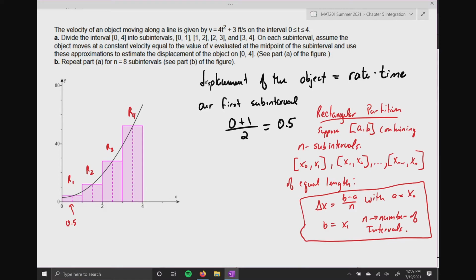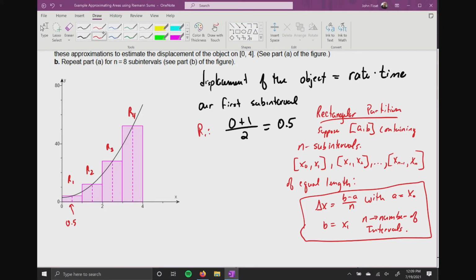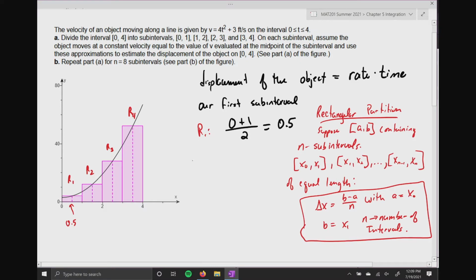We could do this for all the other midpoints as well. So for rectangle 2, the midpoint is going to be 2 minus 1 divided by 2. Sorry, I made a mistake. It's 2 plus 1 divided by 2. Sorry about that. But this is going to be 3 over 2, or 1.5.